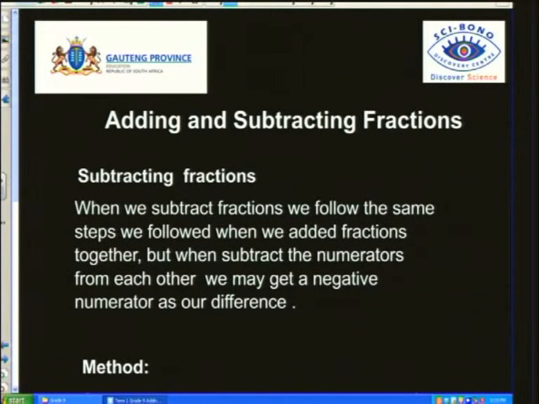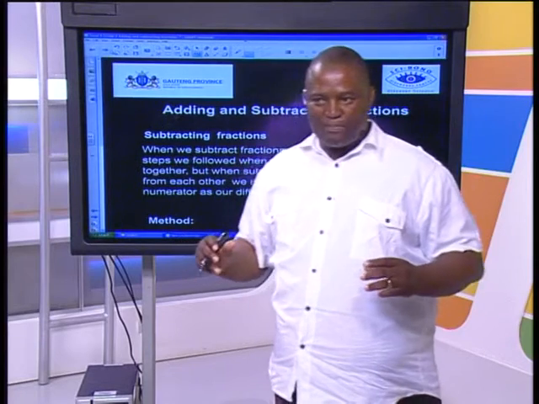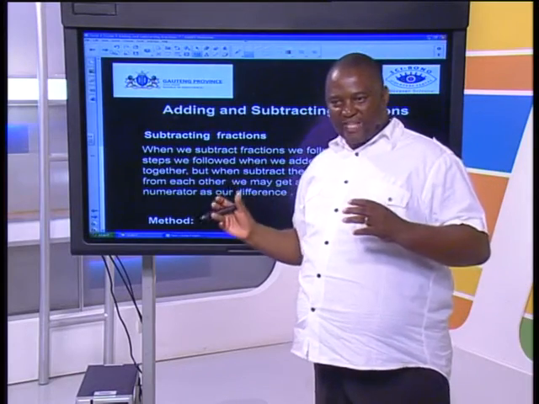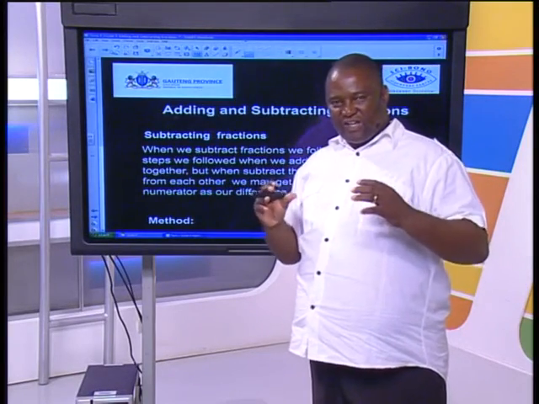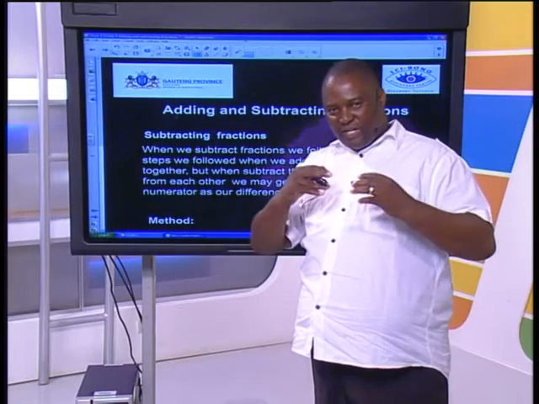That was addition. Now we're going into subtraction. Subtracting fractions. When we subtract fractions, we follow the same steps we followed when we add fractions together. But when we subtract the numerators from each other, we may get a negative numerator as our difference. Remember, in a fraction we've got a numerator and a denominator.